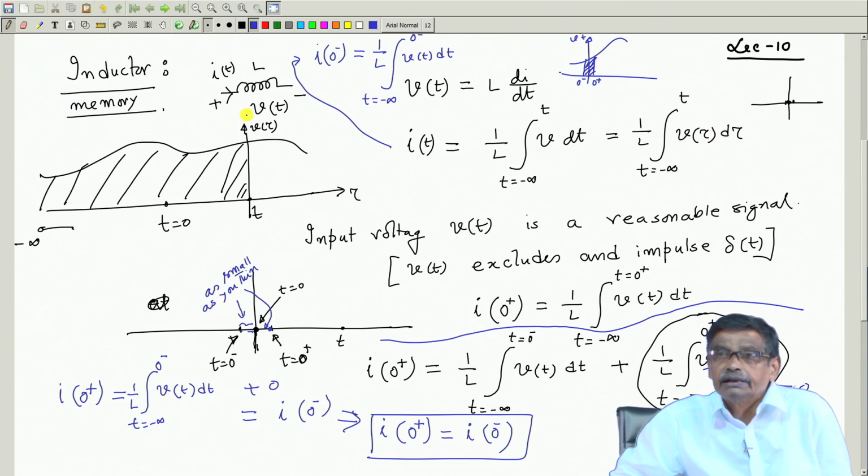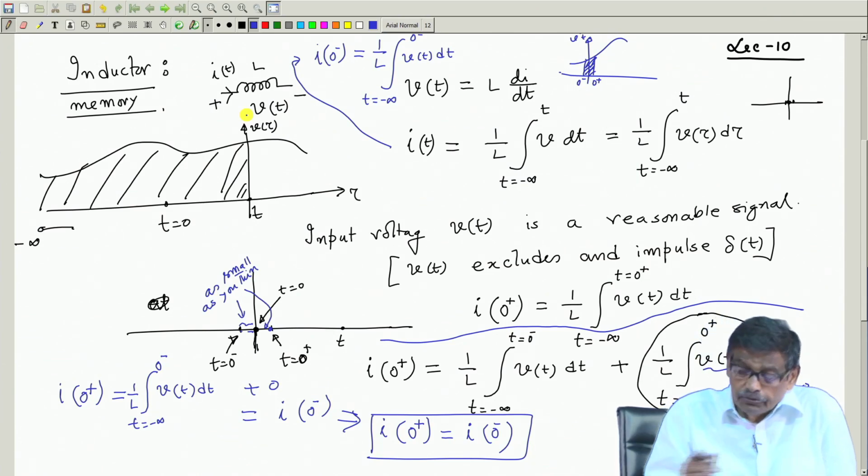That is, the current through an inductor will be continuous; it cannot have a sudden jump. Is that point clear? That is one point.